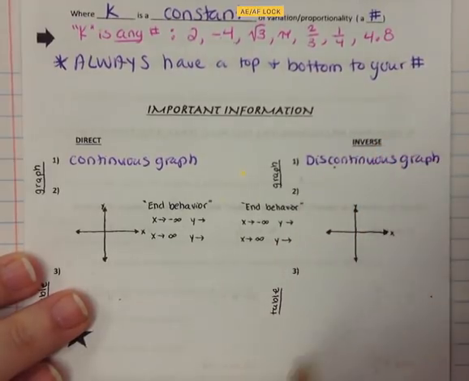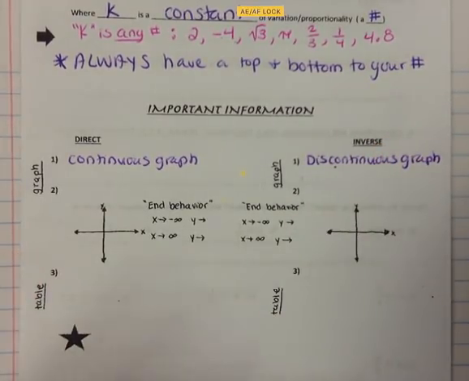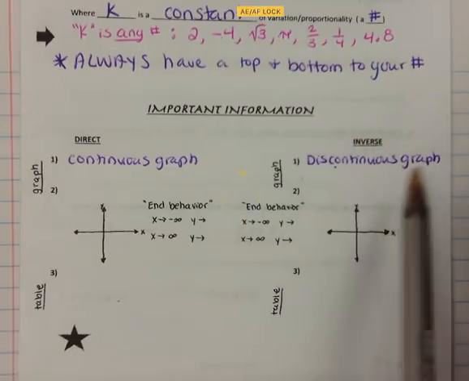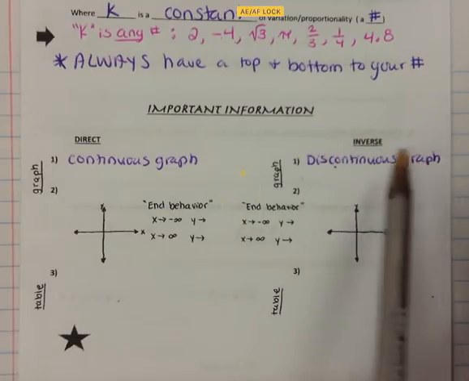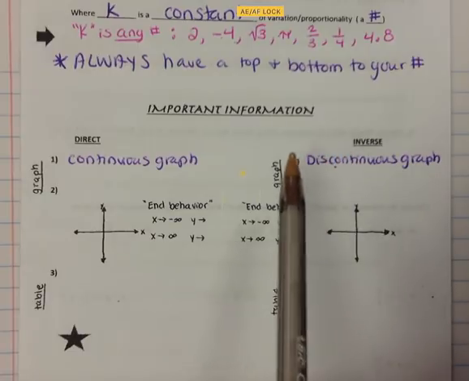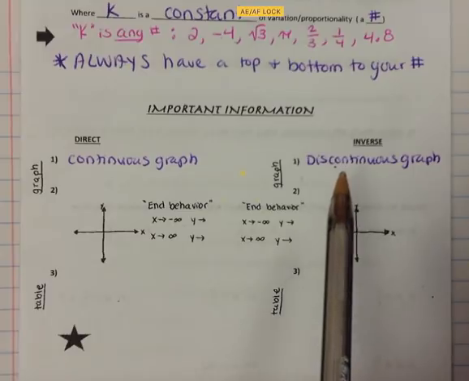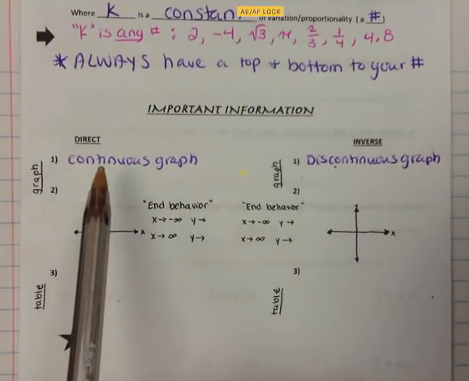That means that it's split. Discontinuous means it is split apart. There might be two sections to it. There will be what are called asymptotes. A continuous graph won't have that.